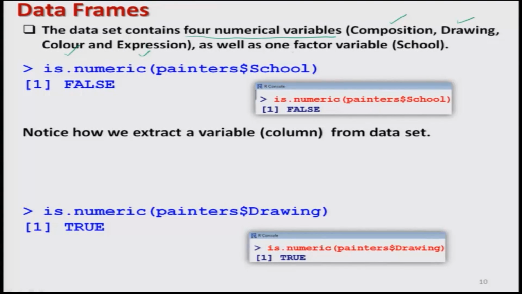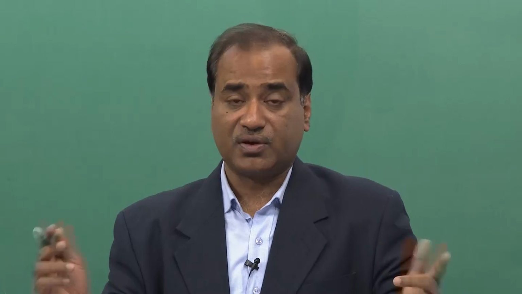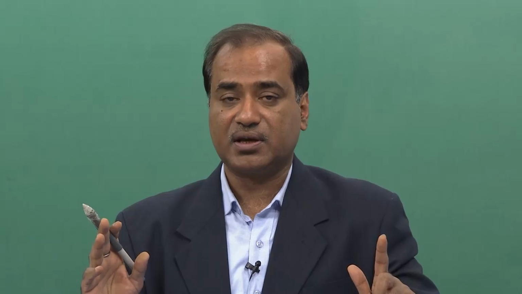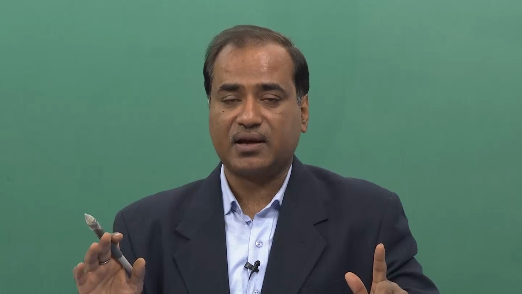And there is one factor variable also, school, which is taking the values A, B, C, D, E, F, G, H. When there is a huge data set, you cannot see it yourself, so I would like to know the nature of a variable. So the first task you have to understand now is how to extract the information on a particular variable from the data frame.